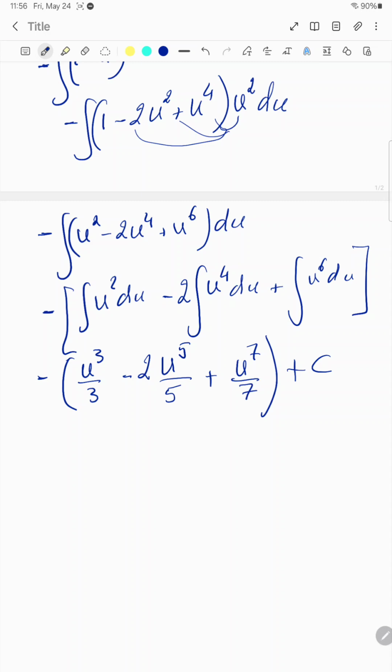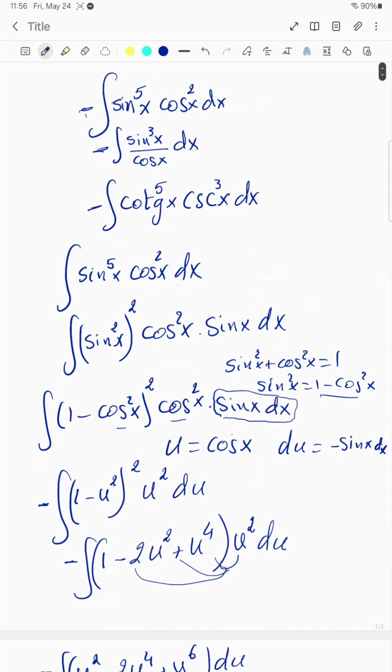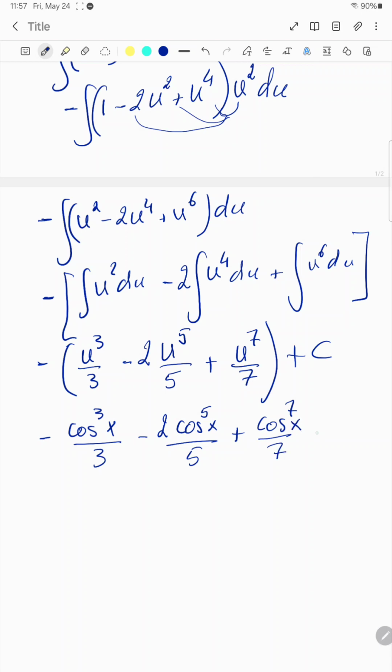So now I put back u to its value. We said we took u equal to cosine of x. So let's replace u by cosine of x. So it becomes minus cosine to the power of 3x divided by 3 minus 2 cosine to the power of 5x divided by 5 plus cosine to the power of 7x divided by 7 plus c.